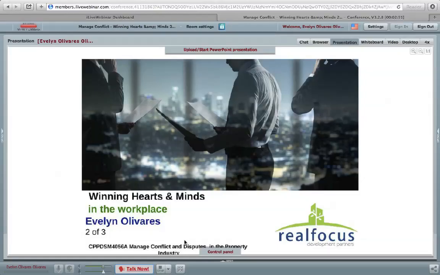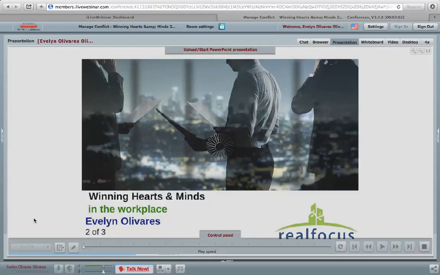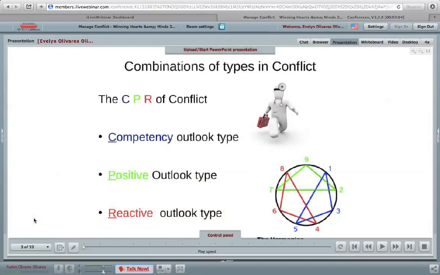What we're going to be looking at now is some combinations of conflict of the different types. And when I say combinations, we have what we call harmonics. There are 3 different groups within the 9 types.